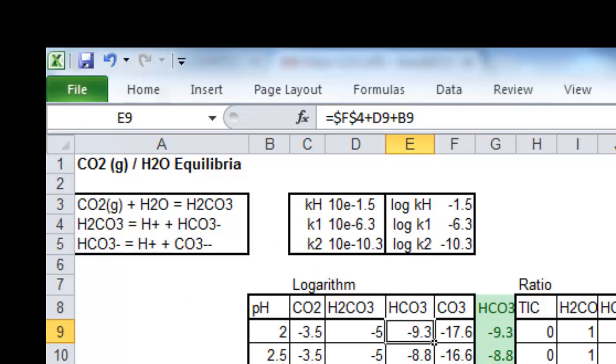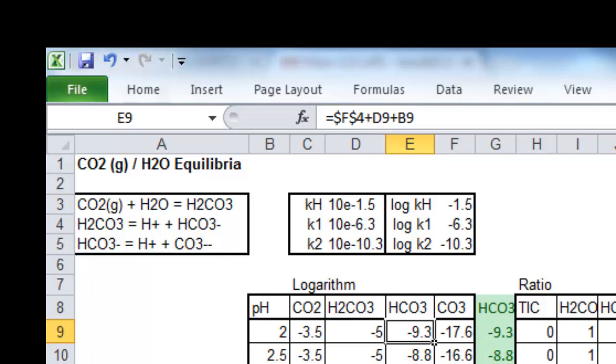So we have log HCO3 minus plus log of H plus minus log H2CO3 equals minus 6.3. We need to rearrange that, so we have log HCO3 minus on its own. To do that, we end up with log HCO3 minus equals minus 6.3 plus log H2CO3 minus log H plus.